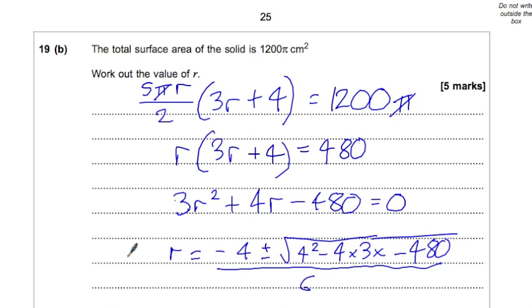That gives me two answers: either r equals 12 or minus 40 over 3. Because it's a radius, we know it can't be negative, so it's okay to say r equals 12.